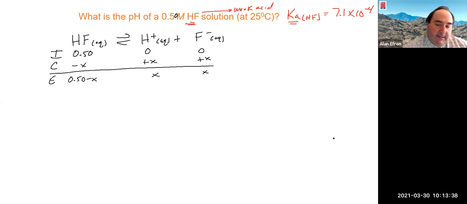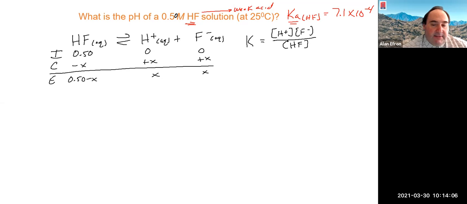Hopefully you can see it's pretty much the same as a normal ice table that we would be doing. Any questions on that setup? We could also write an equilibrium expression for this, and this would be just like a normal equilibrium expression: our products divided by our reactants.